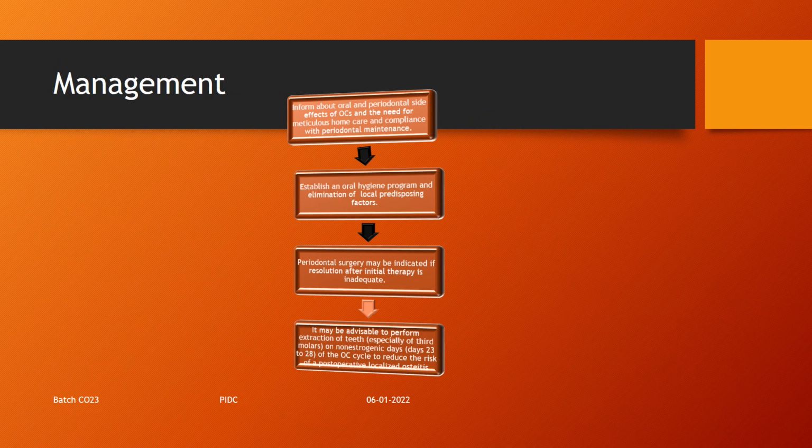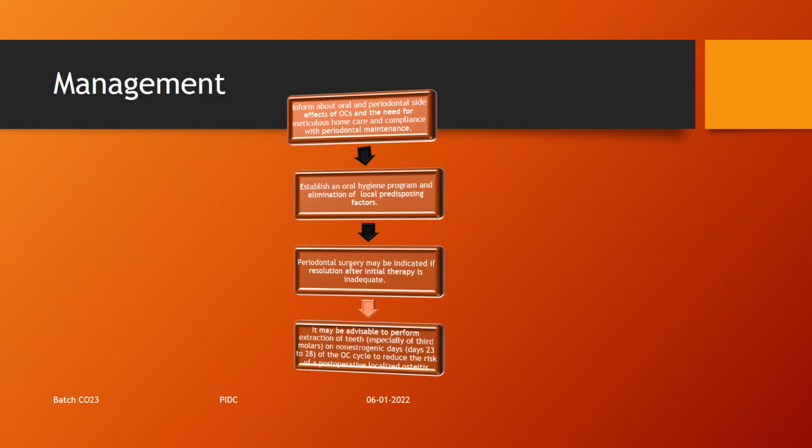Then coming to the management. Inform the patient about the oral and periodontal side effects of oral contraceptive usage, and the need for meticulous home care and compliance with periodontal maintenance. Establish an oral hygiene program and eliminate the local predisposing factors, which could be the main risk factor for gingival inflammation.